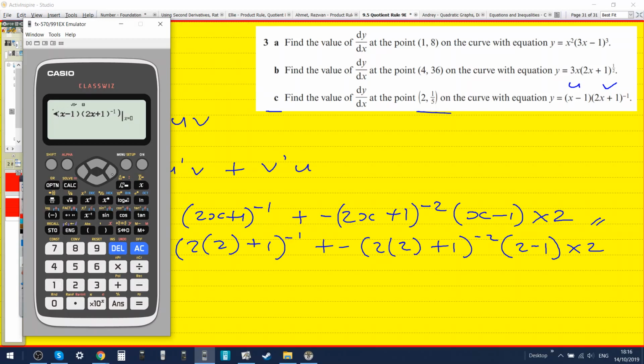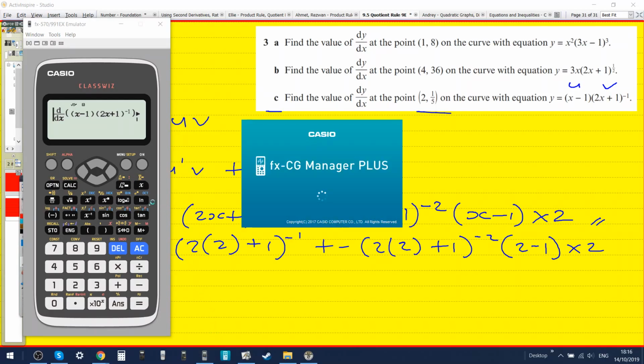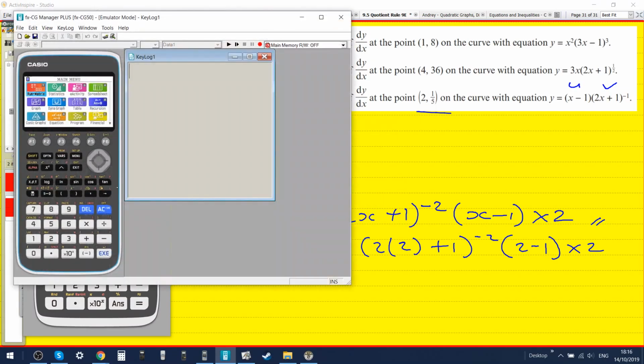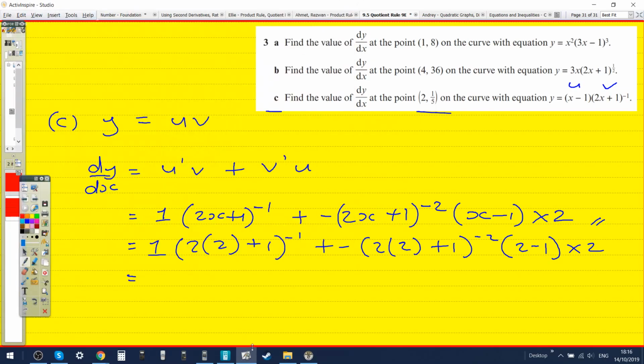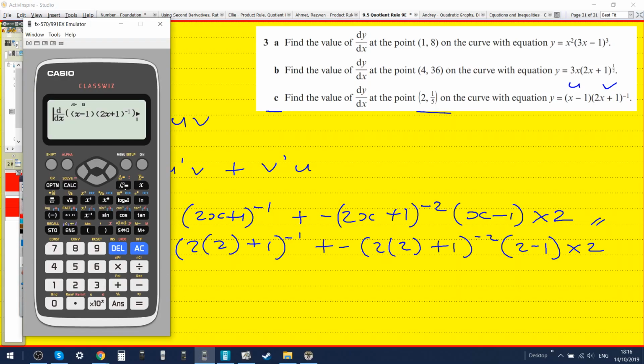Hey, can you hear me? Okay, so on my calculator, I just put in the question. So shift integral for dy dx. Oh, you have the same one. Shift integral. So this button here, the integral symbol, which is just under the menu setup one.